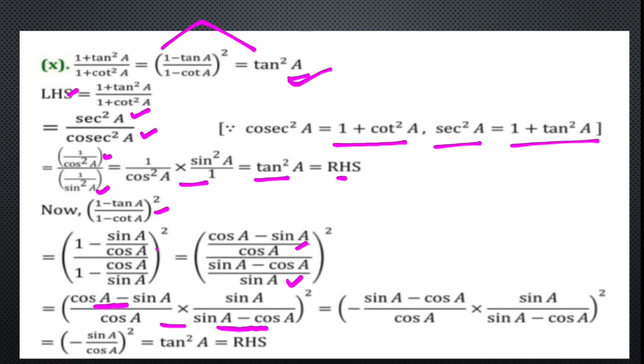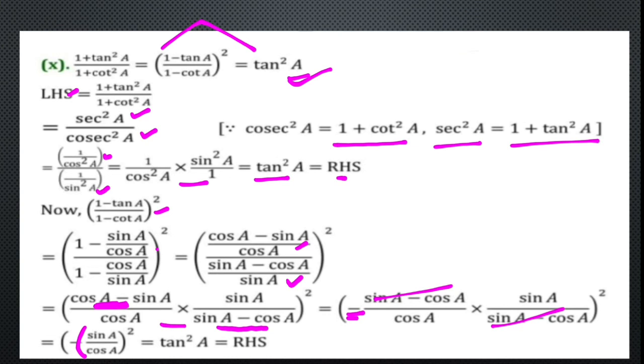The only difference is the sign. So from this numerator you can take minus common, so it will be sin a minus cos a. Now this and this will cancel. The remaining is minus sin a by cos a whole square. Now since the square is here, it will become positive, and sin a by cos a is equal to tan a.